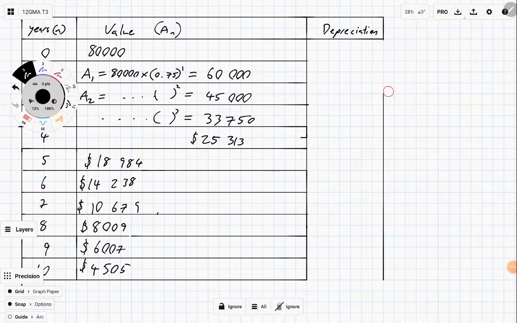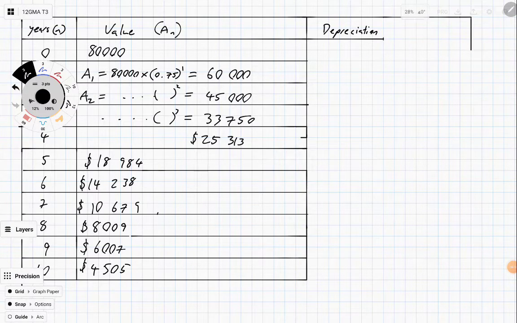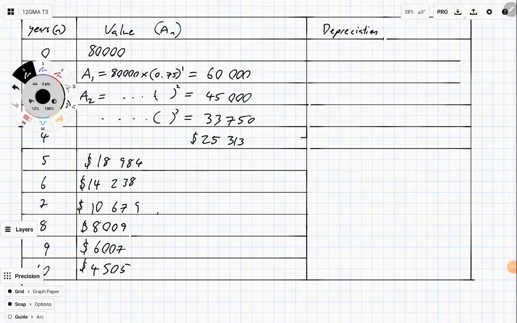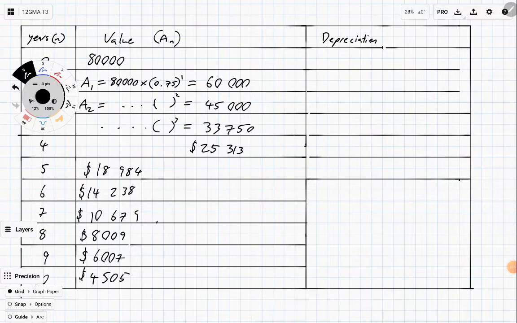I'm going to give myself a little bit more space. So in order to work out the depreciation amount, we don't need to do it for everything, we're only doing it for the first 5 years, so we're going up to here. And the thing with the depreciation is it's the actual amount that it's changed by.